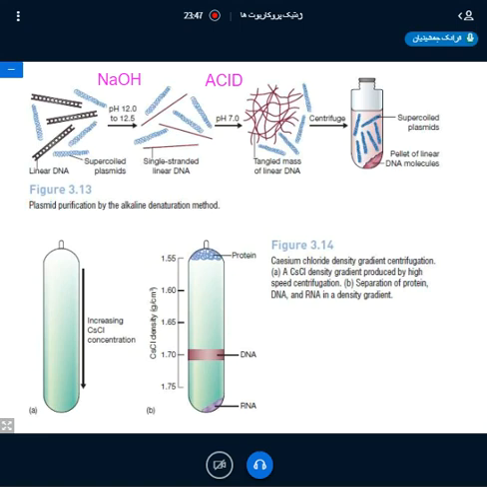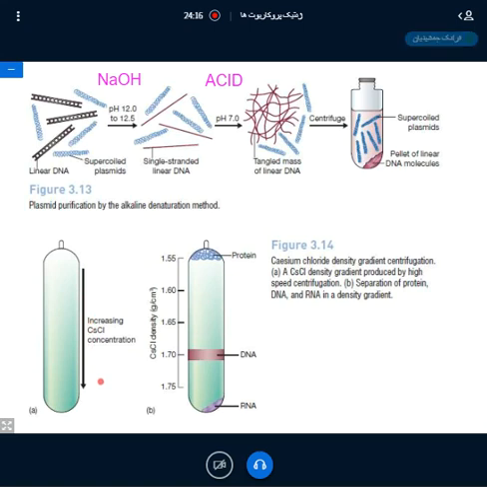Look at here. This is the cesium chloride density gradient. From this to this part, the cesium chloride concentration increases. Can you see?